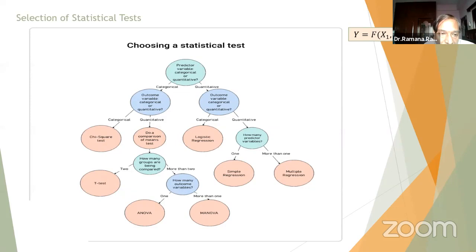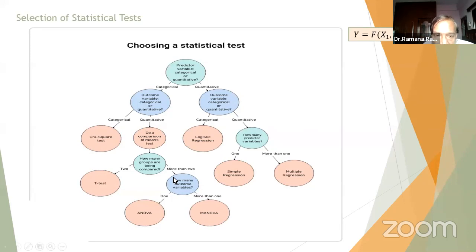That's continuous data. If the outcome variable is categorical, you will choose the chi-square test. But if y is continuous, you will start comparing means. How many groups are there? If it is only two, you do a t-test. If it is more than two, how many such groups are there? If there is only one group, you have ANOVA. If it is more than one, you will have MANOVA, multivariate analysis of variance, the full form of ANOVA.